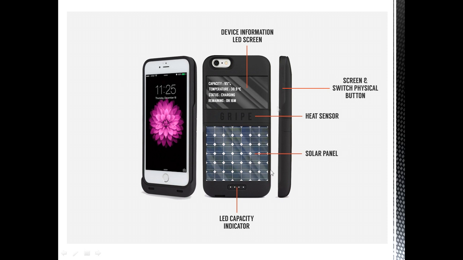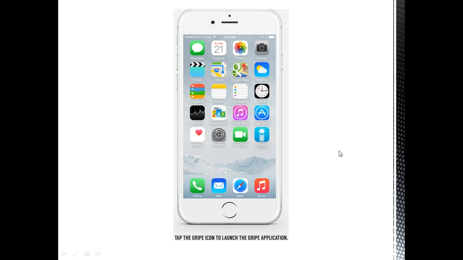So this is our device, and next we can look at task 2, which is the Grab application. For the Grab application, we have the Grab icon. The user can look for the functionality if the user wants to use the functionality of the device.